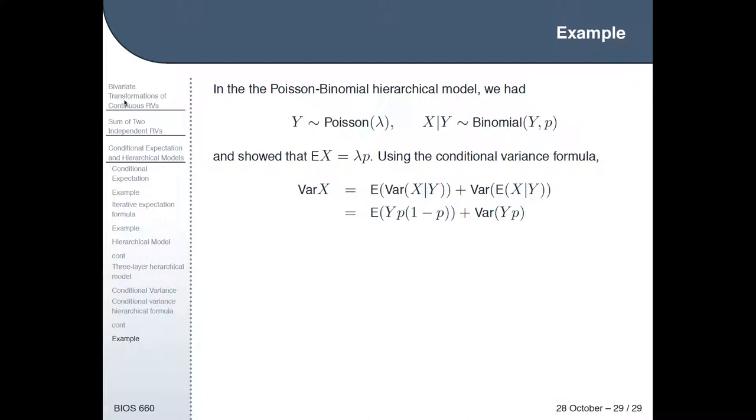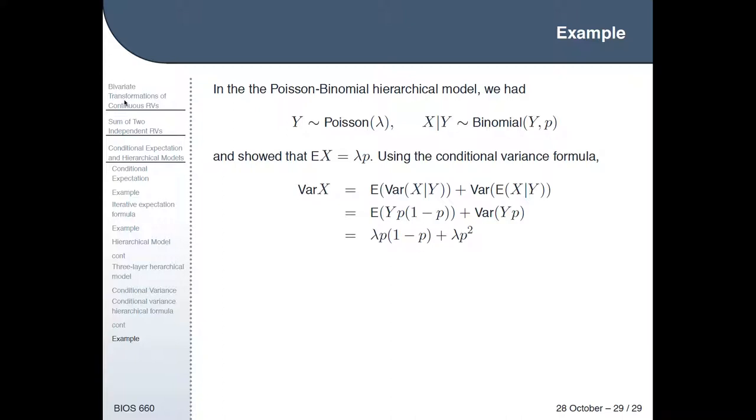Well, we know that X given Y is a binomial random variable. So the variance of X given Y is just Y times p times (1 minus p), and the expected value of X given Y is just Y times p, using the formulas for the variance and expected value of a binomial distribution.